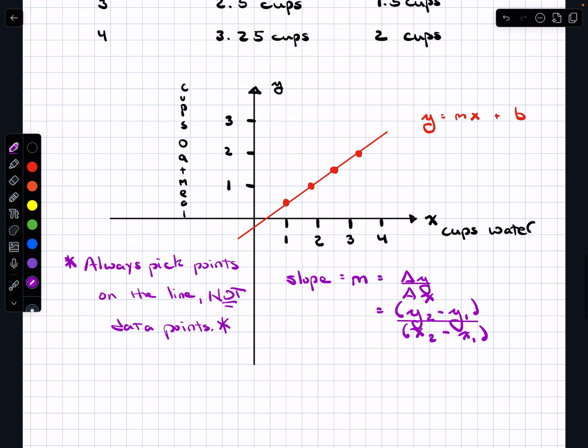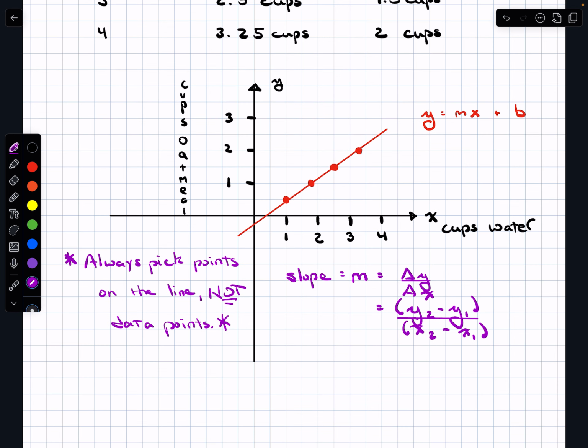All right, so let's go ahead and pick out 2 points. I'm going to pick out one point here, and then we're going to pick another point about here.